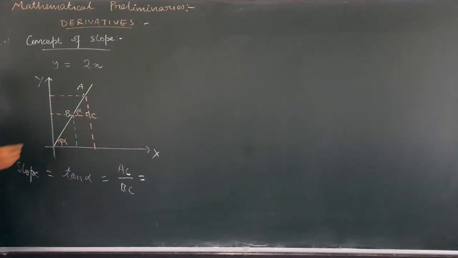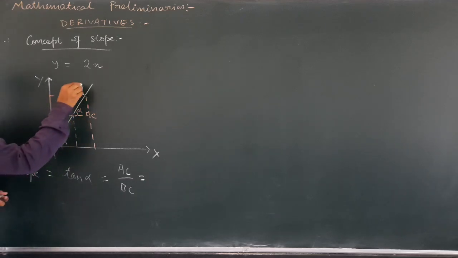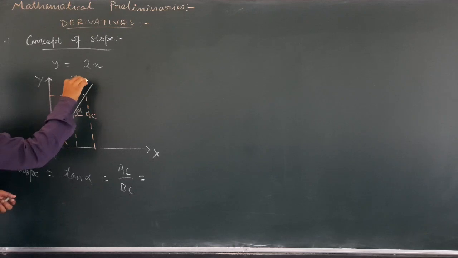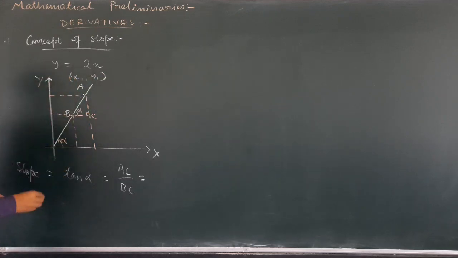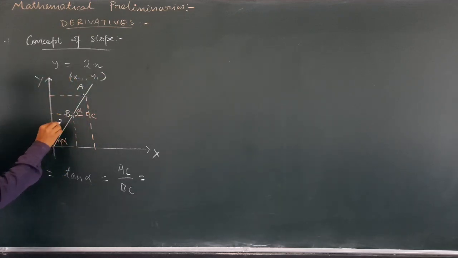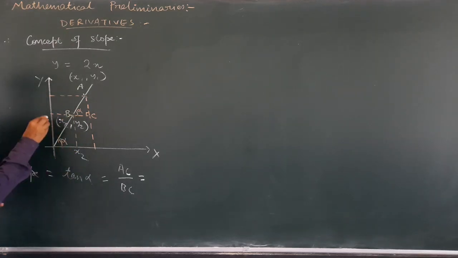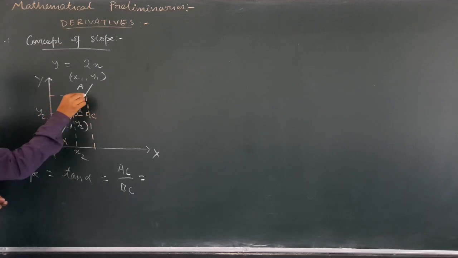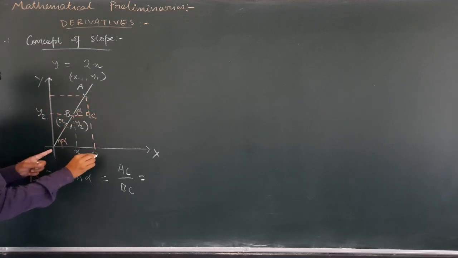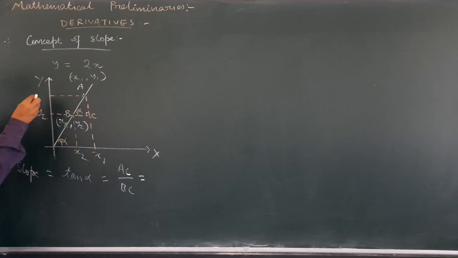Now let us assign some coordinates to A and B. A coordinate, suppose I write as x1 comma y1, and B's coordinate I write as x2 comma y2. So that means this point is x2, this point is y2. This is x1, y1 means the x coordinate is x1 and the y coordinate is y1.